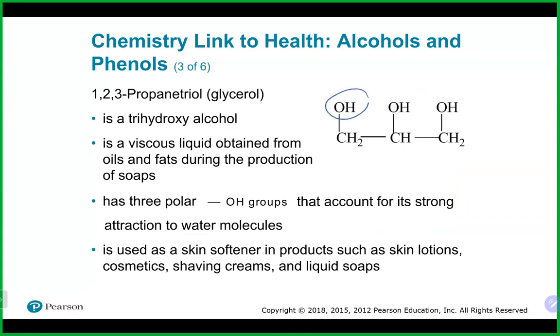It actually has 3 OHs, which makes it really, really polar and works really well with water, because there are multiple OH groups to interact with. Alcohols are very soluble in water because the OH group allows them to hydrogen bond with water.